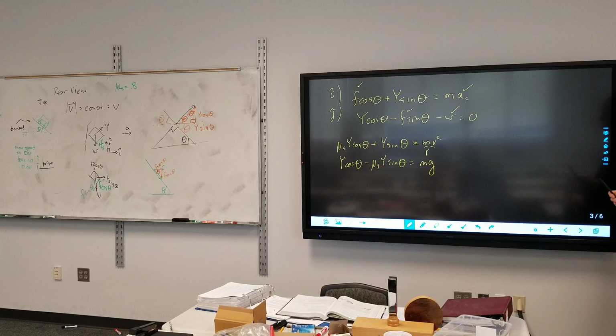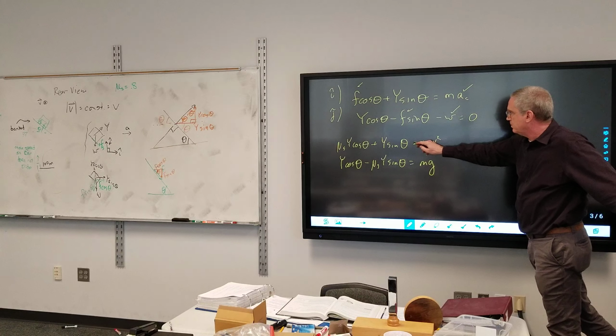We still have two unknowns, y and v, and the irrelevant mass. And that's an equal sign.